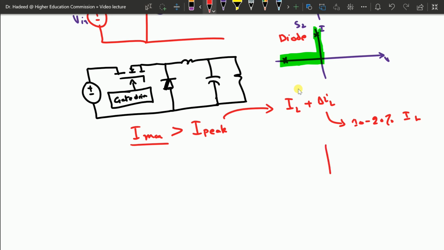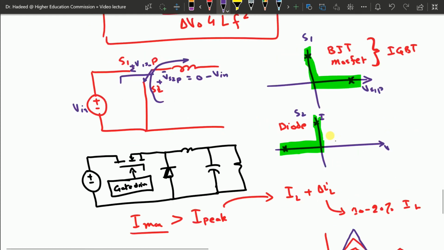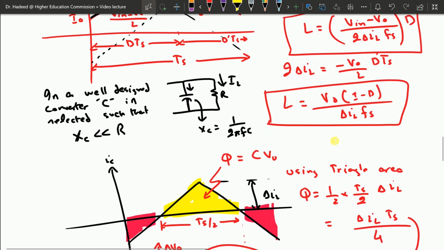For example, if I increase the ripple and allow this much ripple in the inductor current, and thereafter increase it further, the best thing I get is a decrement in the size of the inductor.